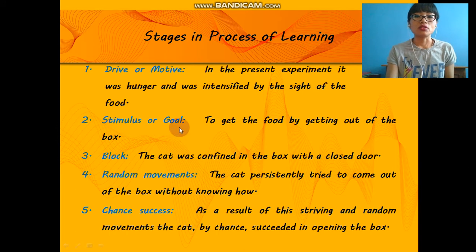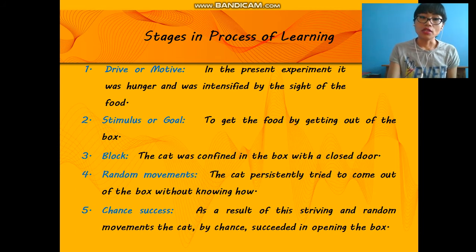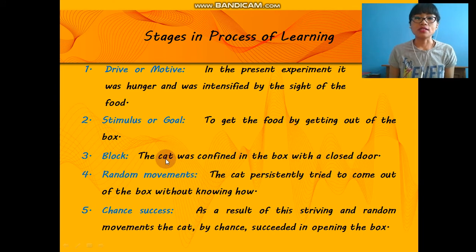Next is stimulus or goal. The goal has to be there. No learning will take place without a goal. Here the goal was food. Block hindrances are very important in the learning process. If you can reach your goal without struggling, then learning will not take place.